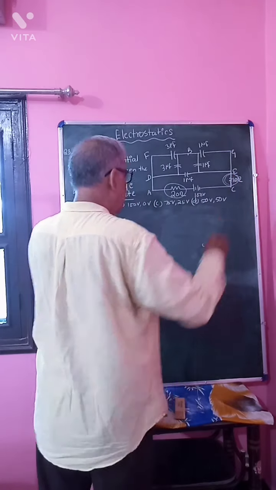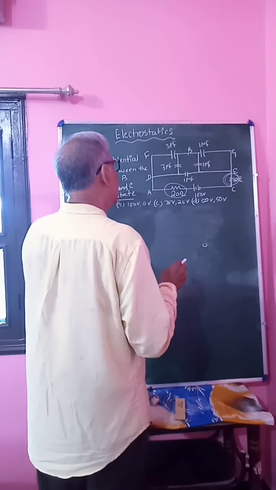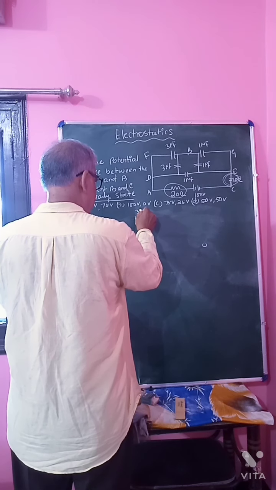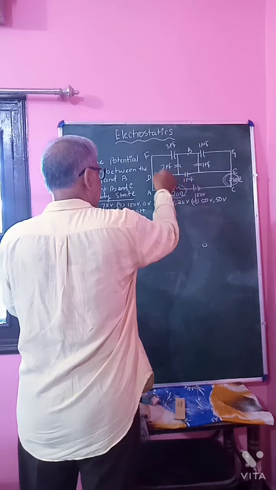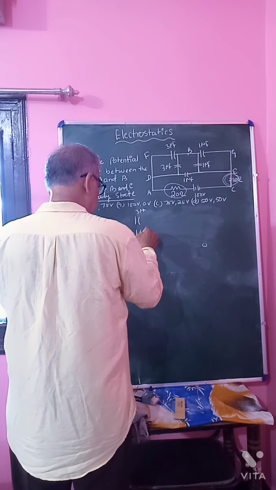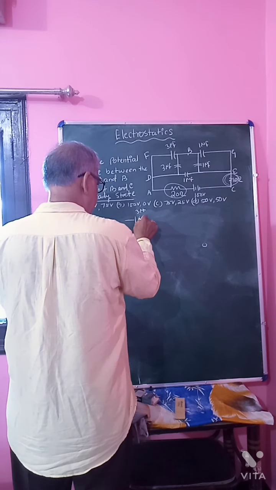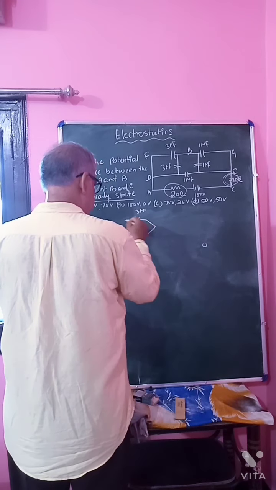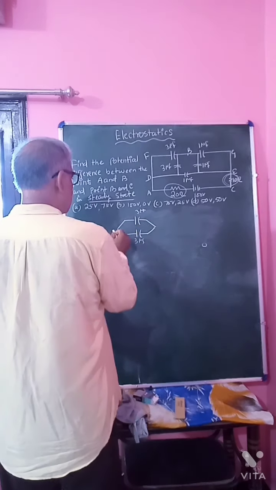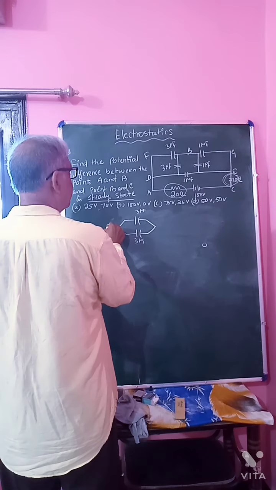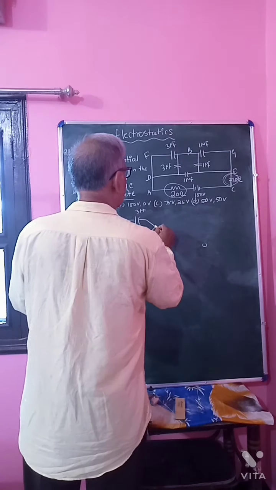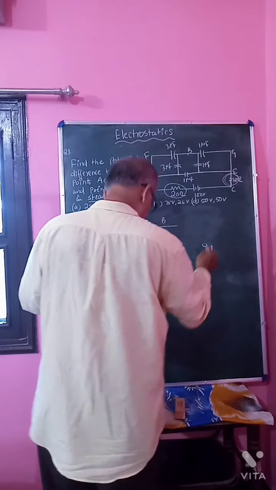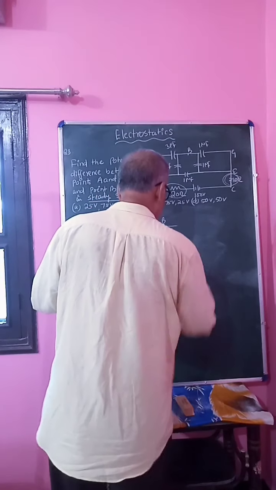It is removed. So now what is the equivalent circuit? This is 3 microfarad, and this becomes parallel, 3 microfarad. This point is F. This point is B. Now the 1 microfarad capacitors are in parallel.